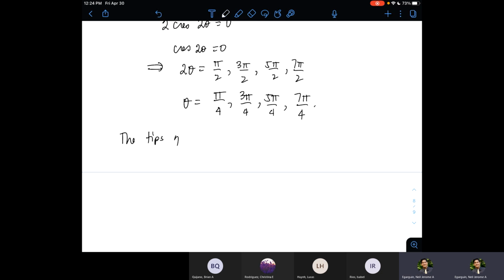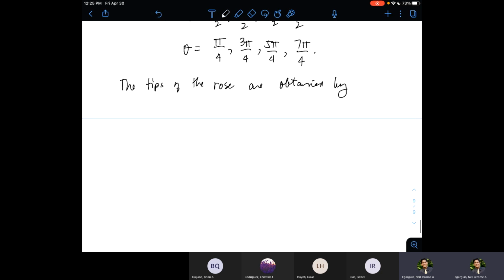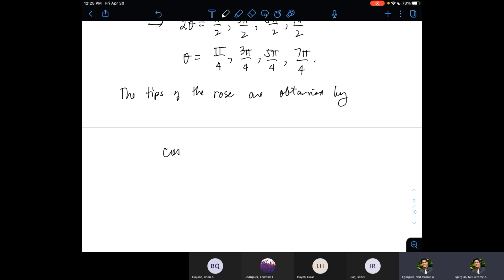Now, aside from the receptacles, it's also good to know the tips of the rows. The tips of the rows are obtained by solving this equation. You get the trig function. So the trig function involved in our equation is cosine 2 theta, and we equate it to plus or minus 1, because the tips basically are the longest part of your rows.